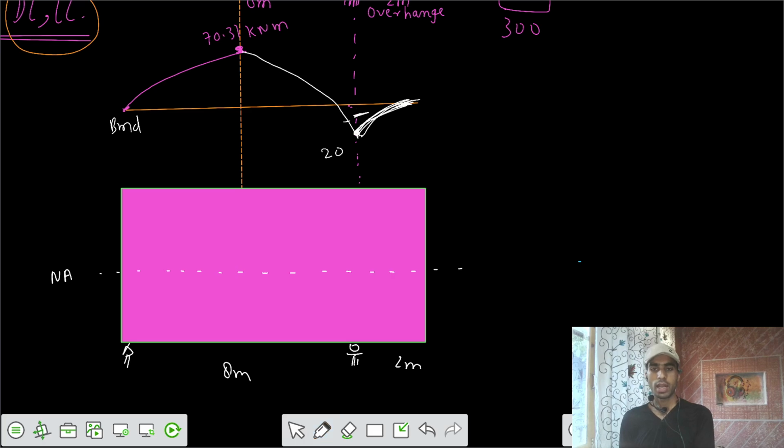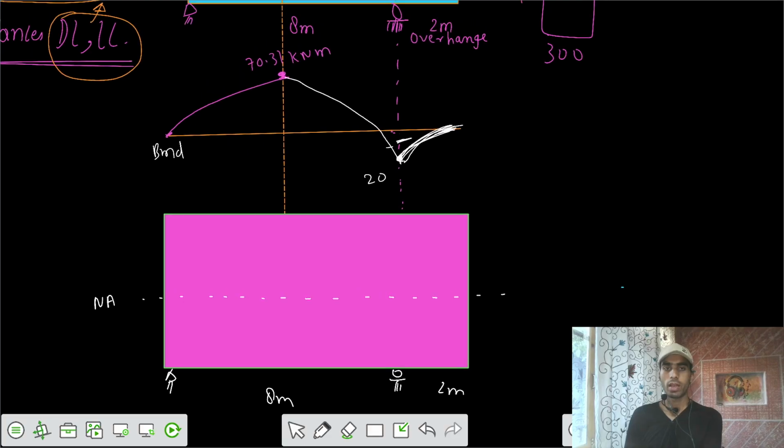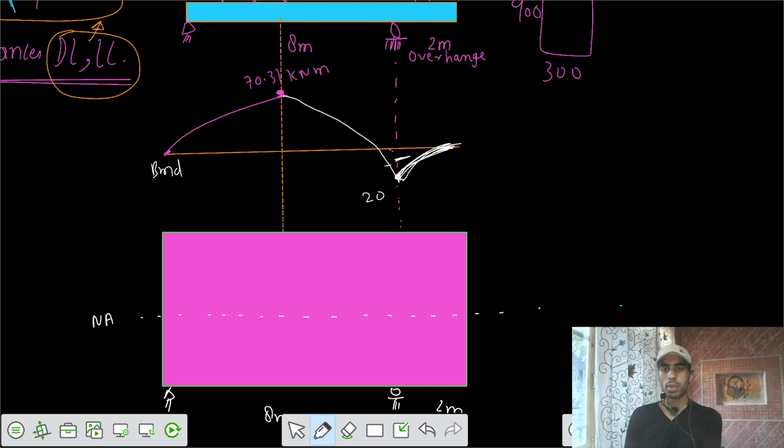And I'm going to have a cable profile exactly in the same fashion. That's a parabolic variation. So I should have a cable profile in this way. Now I want to say what should be the value of this one, this one, and this one. I can call them E1, E2.